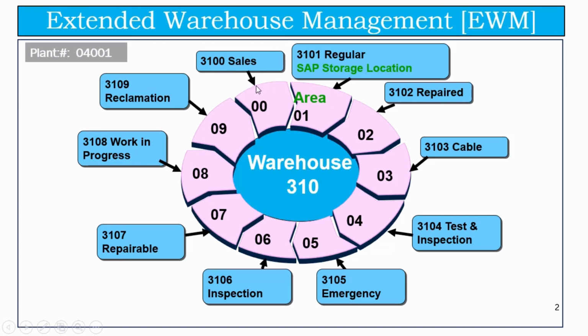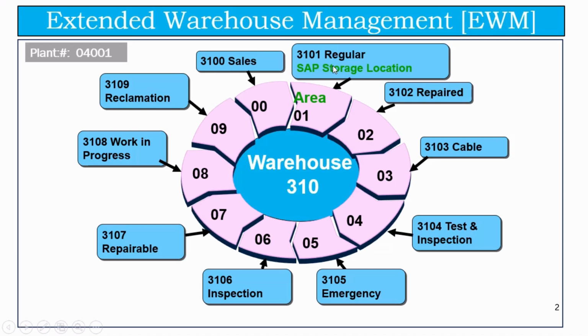3100 is a material which is obsolete, no more required for use, or damaged or scrap. This is obsolete material which is no more required for company production. So 0 is the code which identifies the nature of this material.